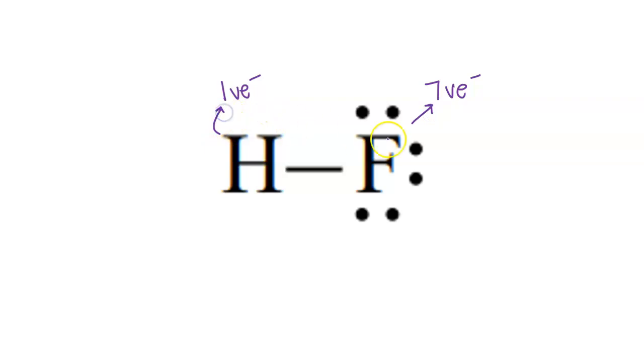Hydrogen is 1. Fluorine is 7. Now, these are represented by dots, and these dots connect to make one single bond. So 2 bonded valence electrons equal one single bond.